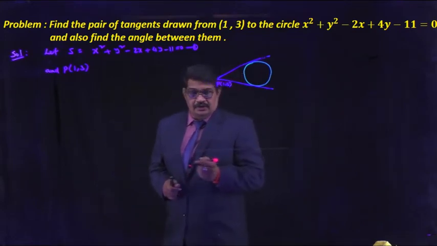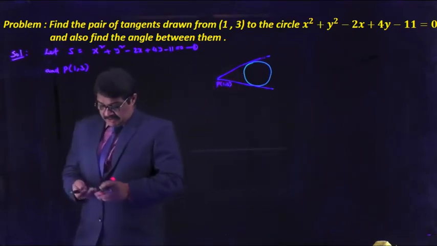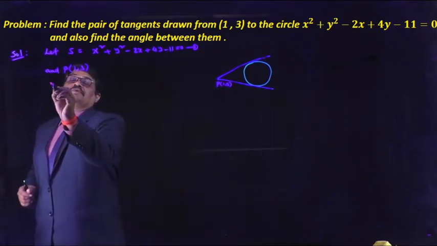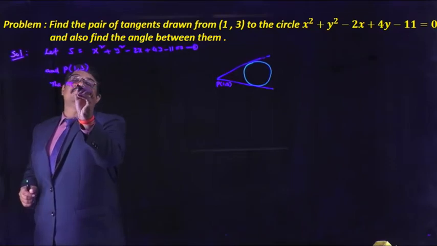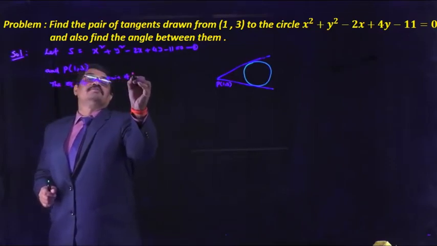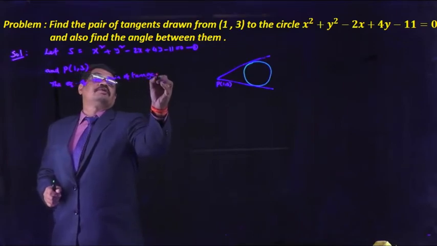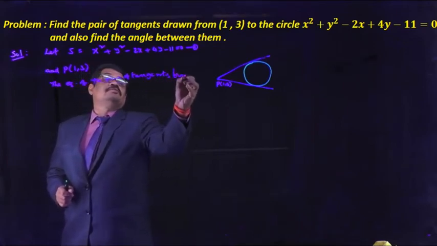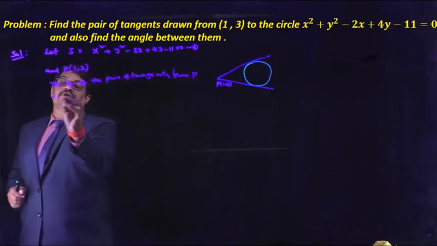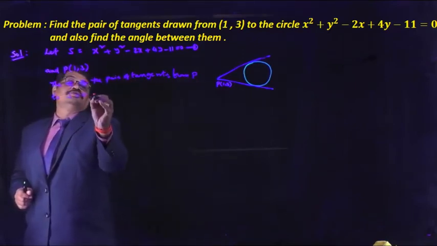Now we are writing the pair of tangents. What is the pair of tangents? Now we are writing the equation of the pair of tangents. The pair of tangents from capital P to the circle S is equal to 0.